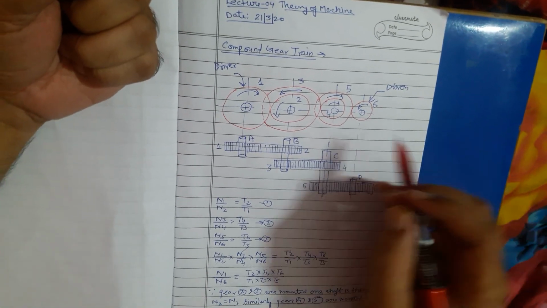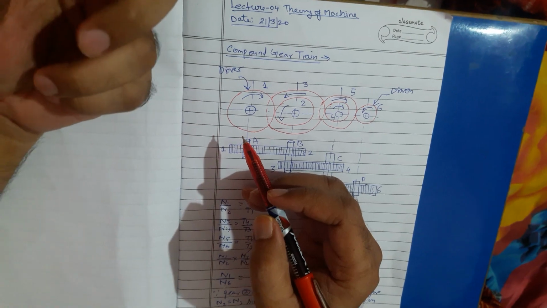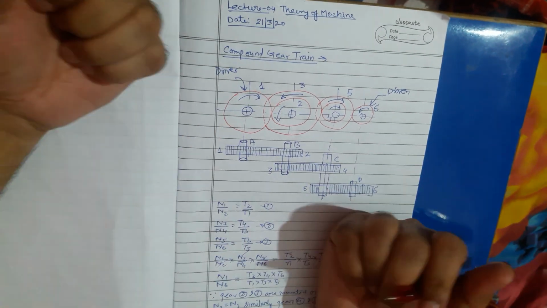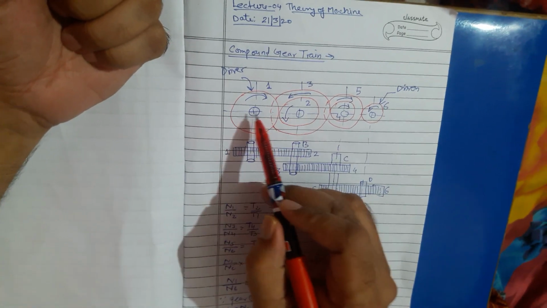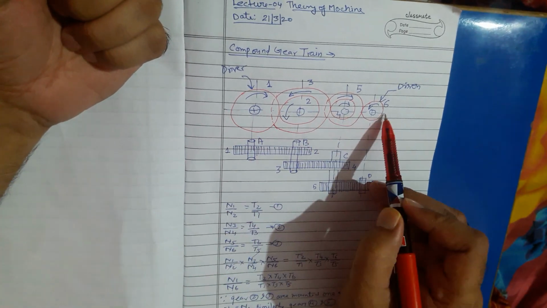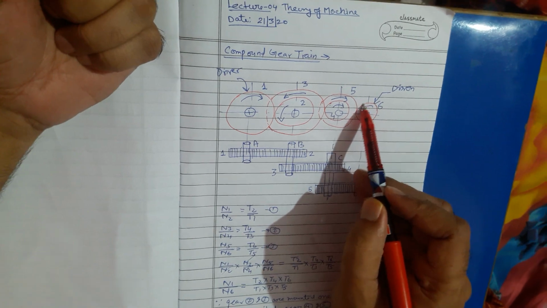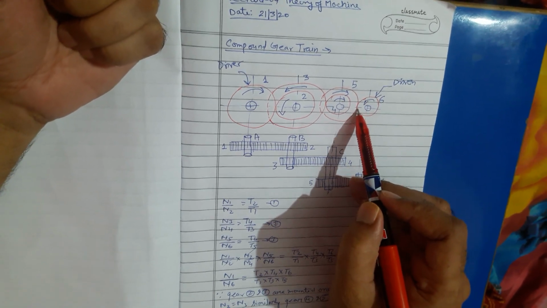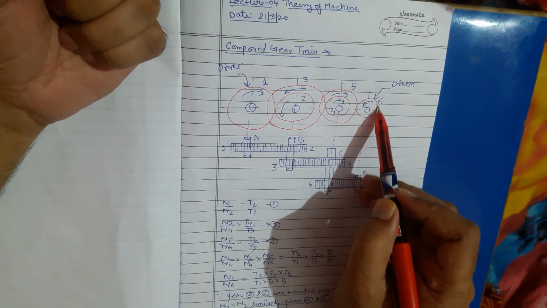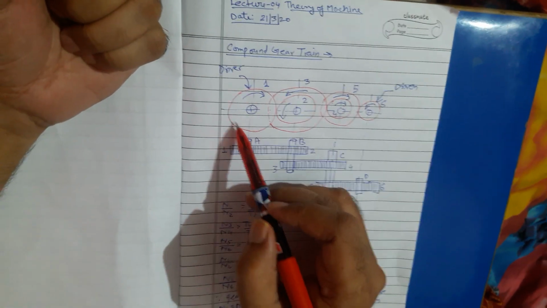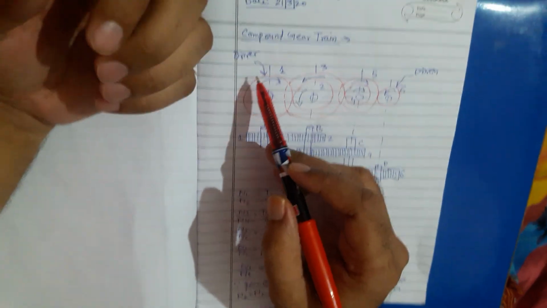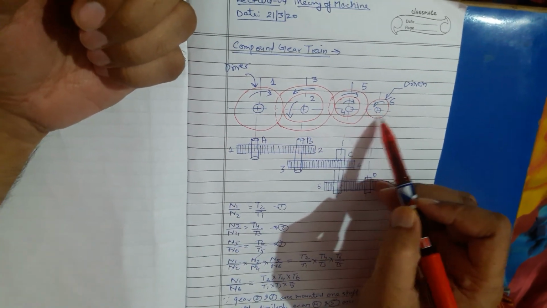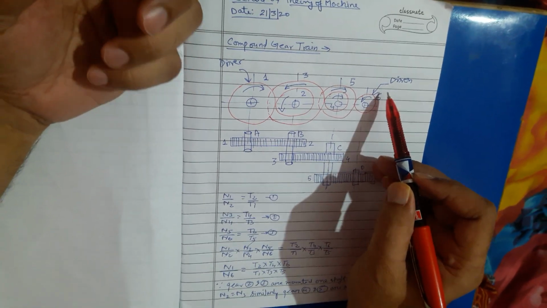Here we have to take an example of a gearbox. As shown in the diagram, there is one single shaft. Here you have to see gear number 1 and gear number 6. Gear 1 is known as the driver and gear number 6 is known as the driven.